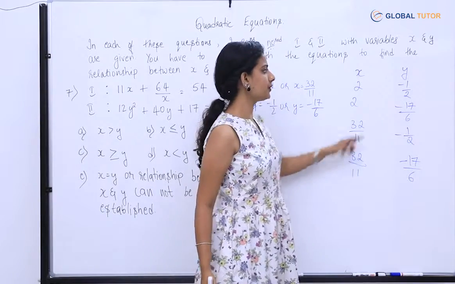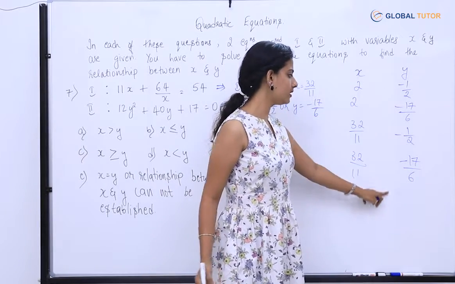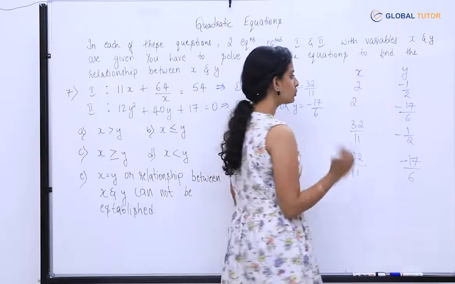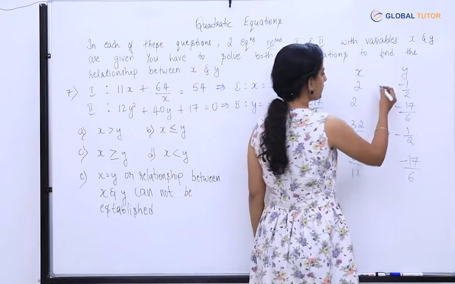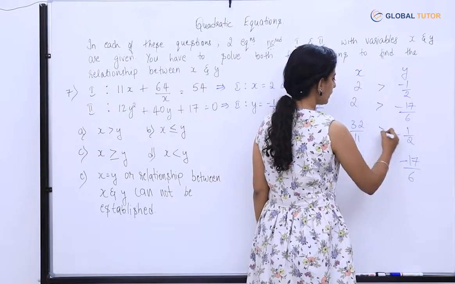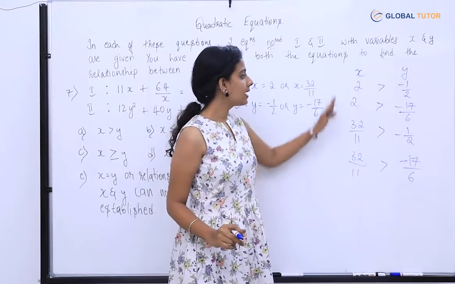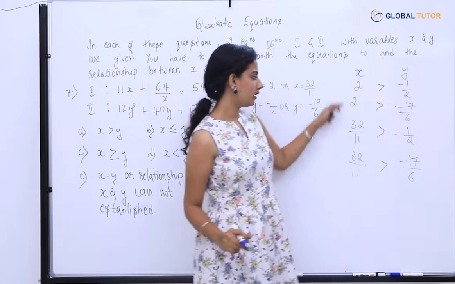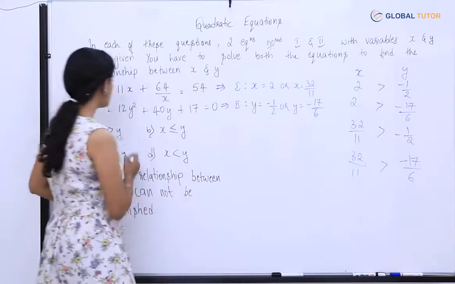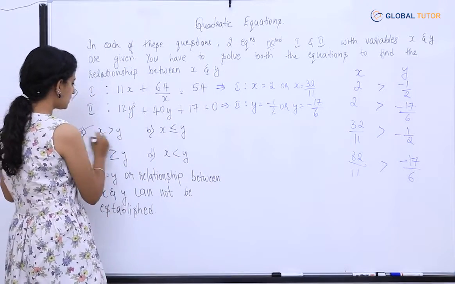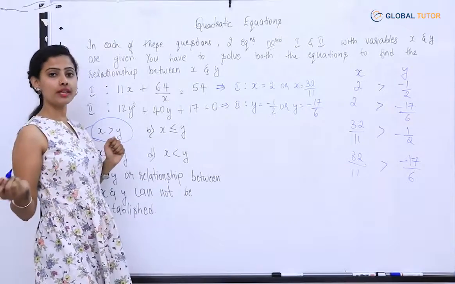If you observe, all the values of y are negative, which means, as we all know, any negative value is less than a positive value, so x is greater than y in all the cases. So option A is the right answer: x is greater than y.